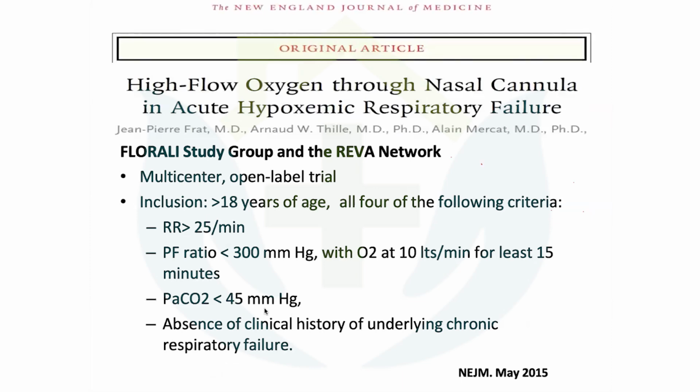Another study published in 2015, high flow nasal oxygen HFNC in acute hypoxemic respiratory failure, that is called the FLORALI trial. It included patients above 18 years of age with the following criteria: respiratory rate more than 25, PF ratio less than 300, and PaCO2 not more than 45, and absence of clinical history of underlying chronic respiratory failure.